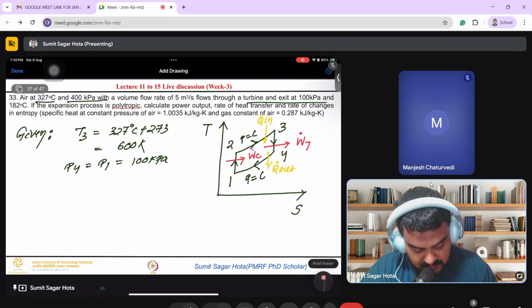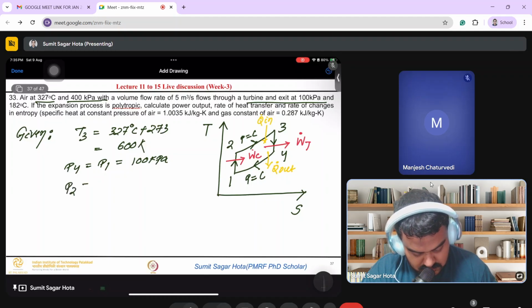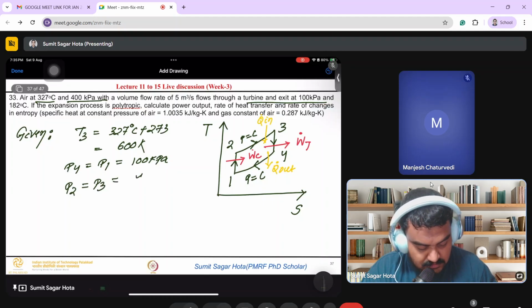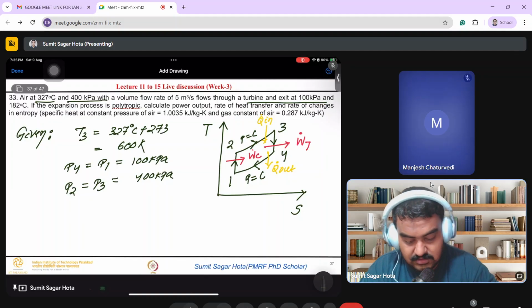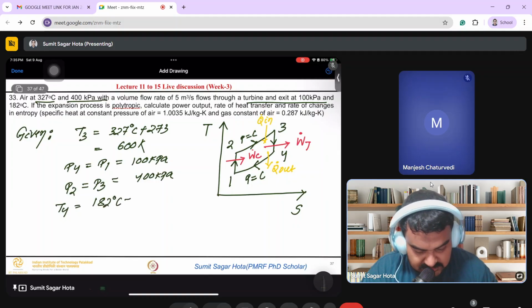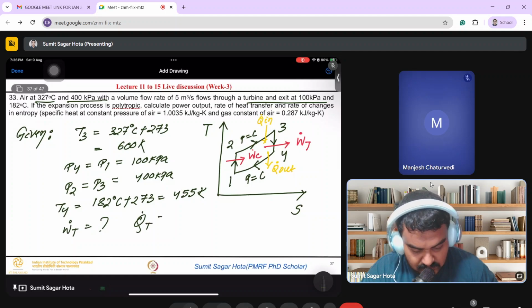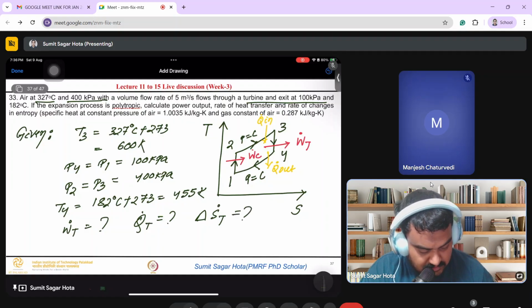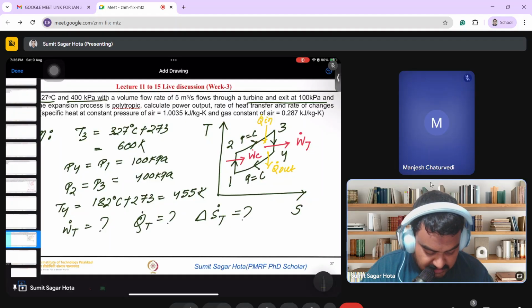So P2 is equal to P3, which is 400 kilopascal. Now T4 will be 182 degrees Celsius plus 273, which is 455 Kelvin. WT we need to find out, Q bar T we need to find out, and the entropy change also we need to find out. There are three things we need to find out in this question.